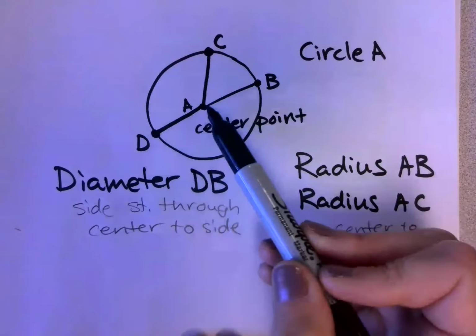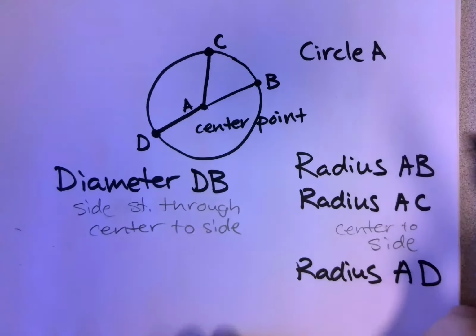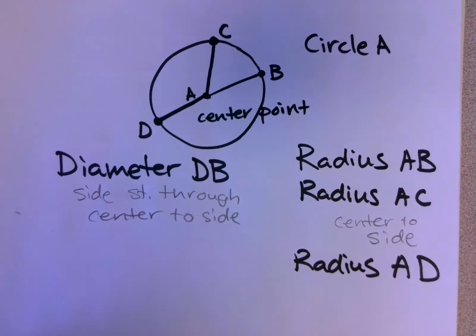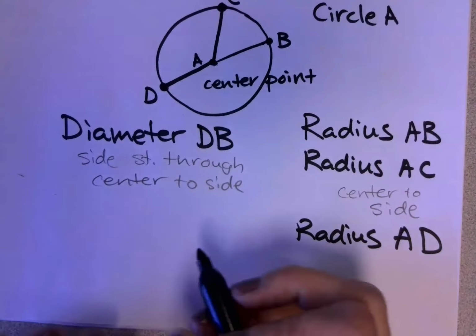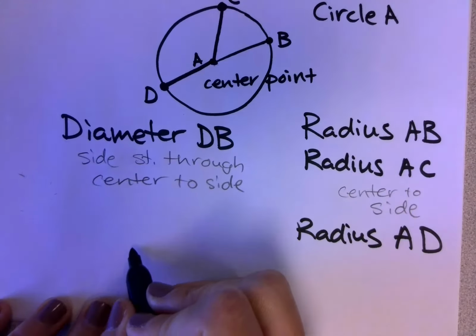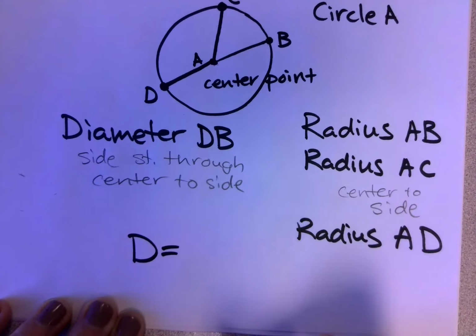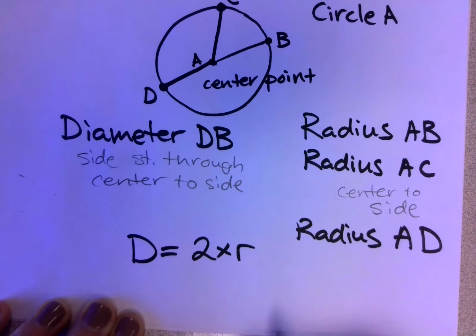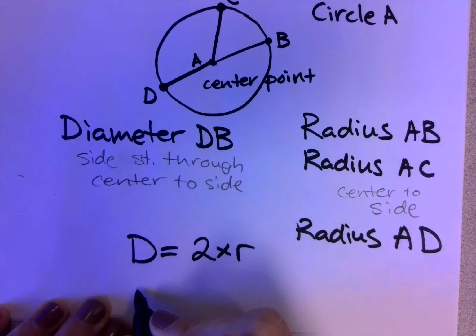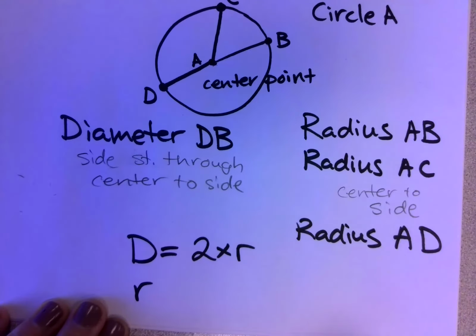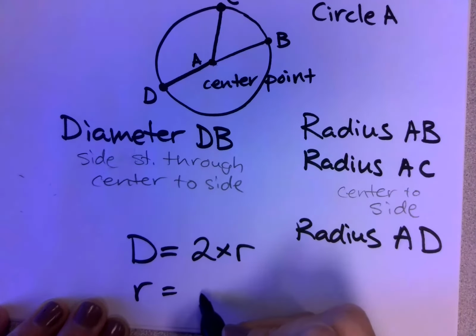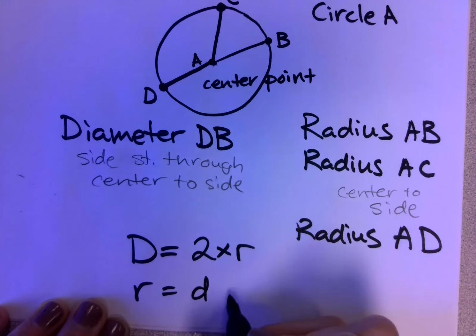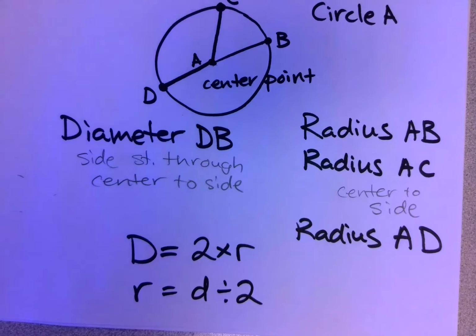So two radii together make a diameter. And because of this, we can create a formula. The diameter is always 2 times the radius, because the radius is half of the diameter. So if we ever wanted to find the radius, we could do the diameter divided by 2.